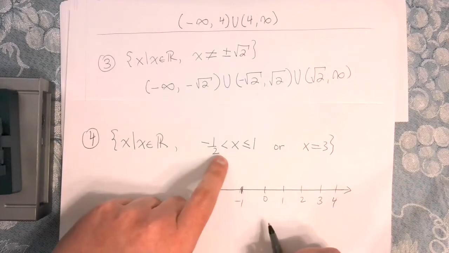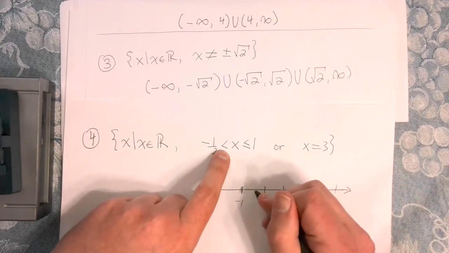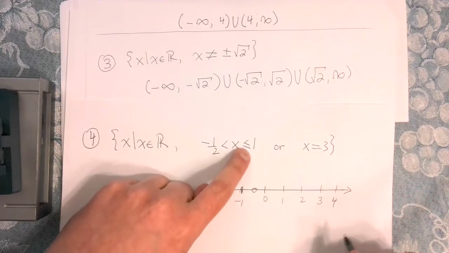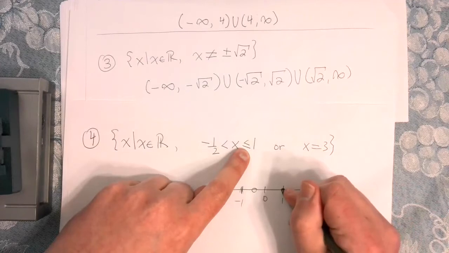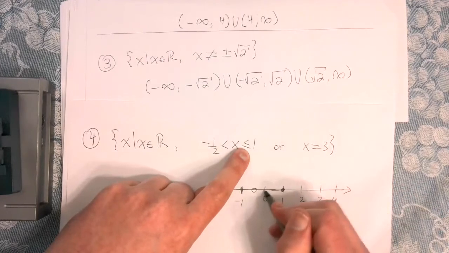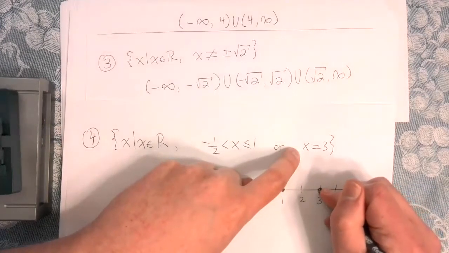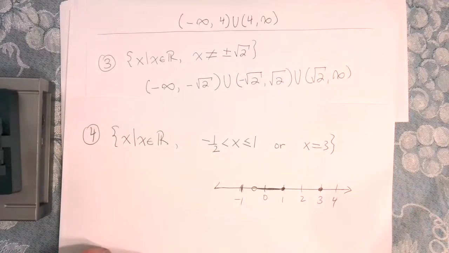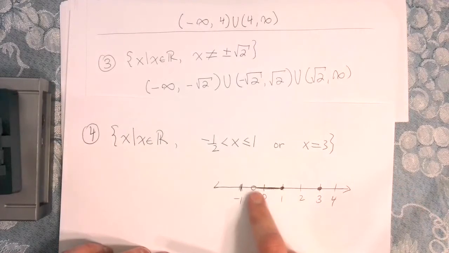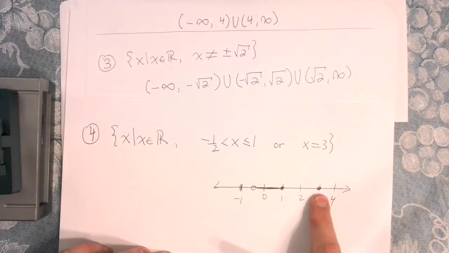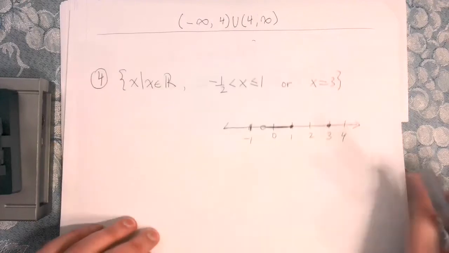So we want x to be strictly greater than minus 1/2. So let's say there. But we want it to be less than or equal to 1. So these elements, these real numbers, we definitely want. But we also want 3. So this reminds me of an interval. This reminds me of a singleton set, right? A set with one element.